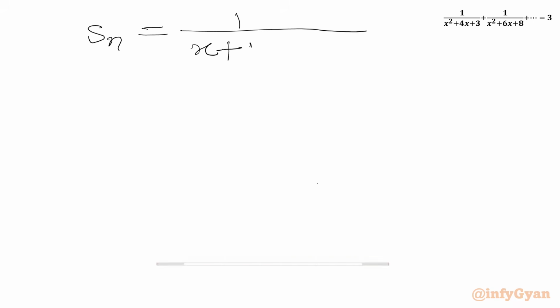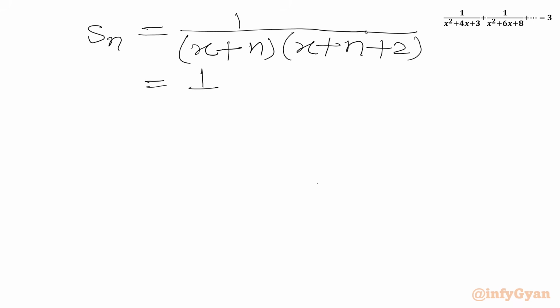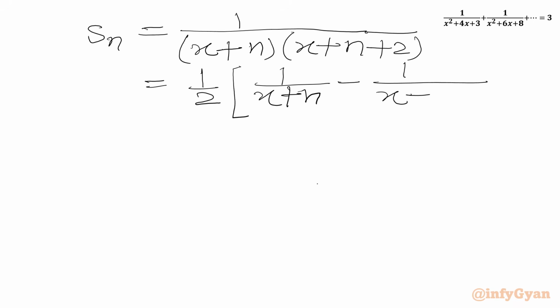So if I write here Sn, the general term, equal to 1 over x plus n times x plus n plus 2, let me write here the direct formula. Here I will write half, and in the bracket we can write 1 over x plus n minus 1 over x plus n plus 2.